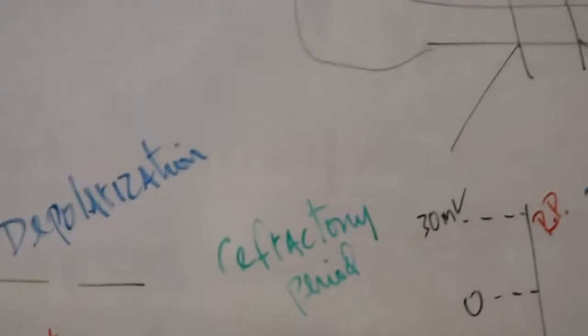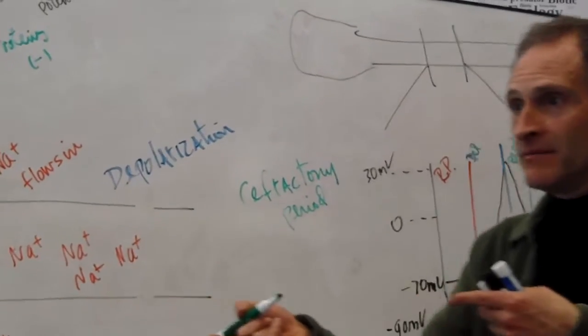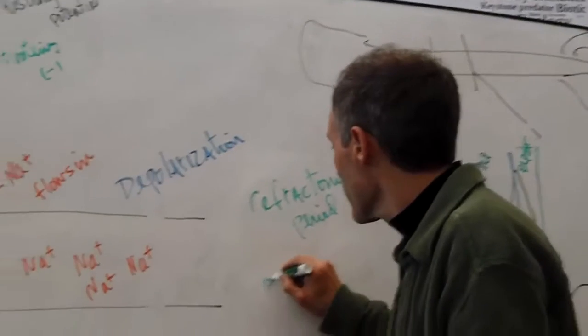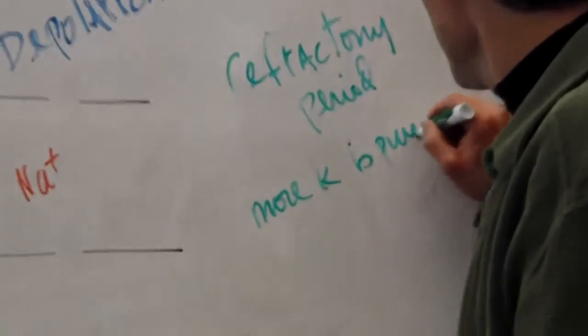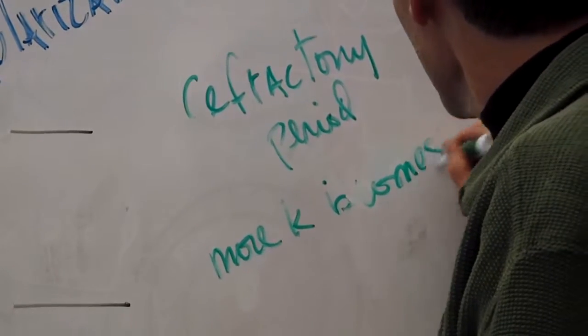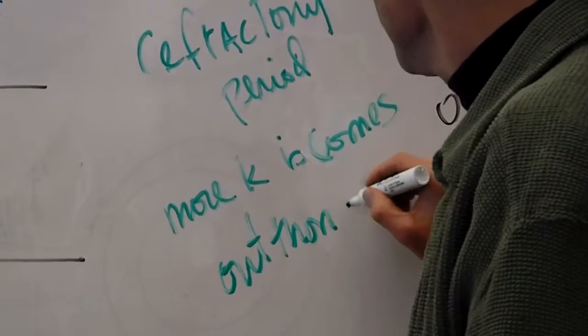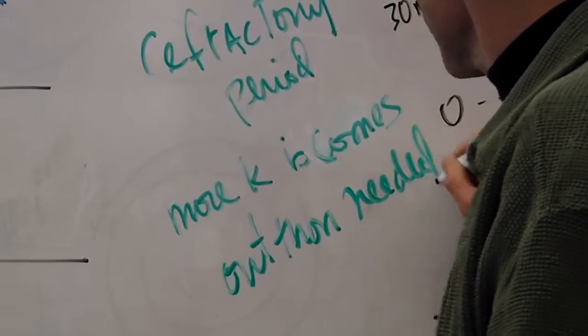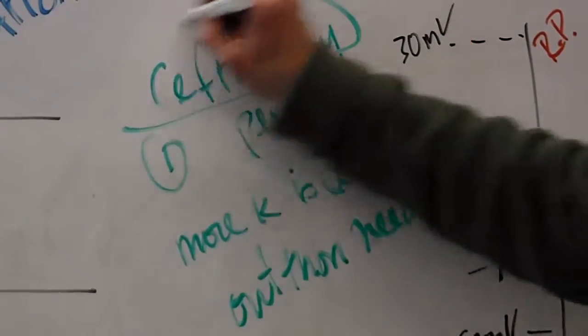And basically what happens is more potassium is pumped out than needed. That's, in the refractory period, number one.